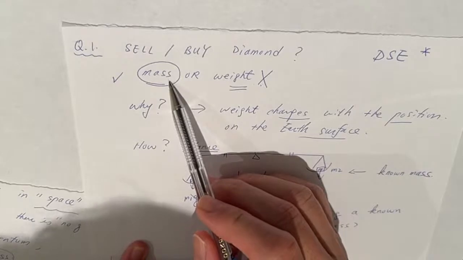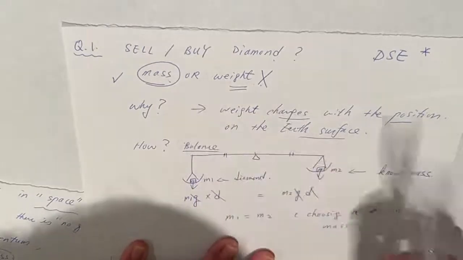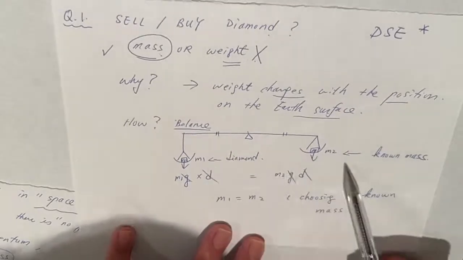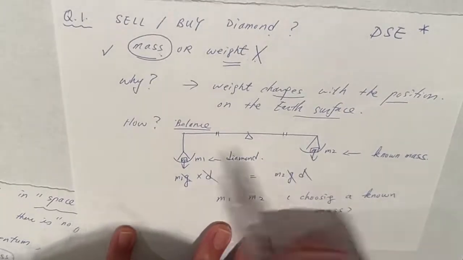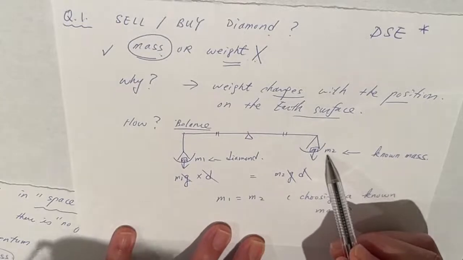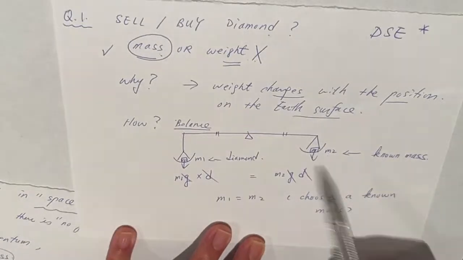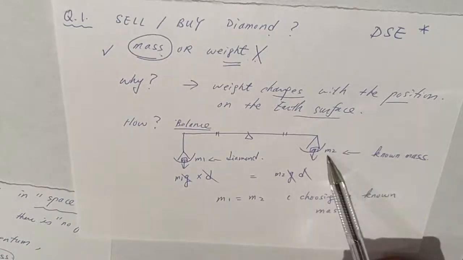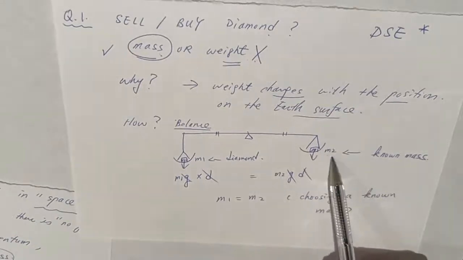But how do we find the mass of the diamond at different positions? Very simple, we use the beam balance, right? Now we use a known mass M2. By using M2, we try to balance the lever.